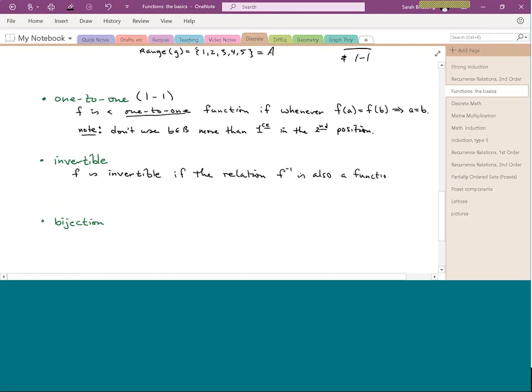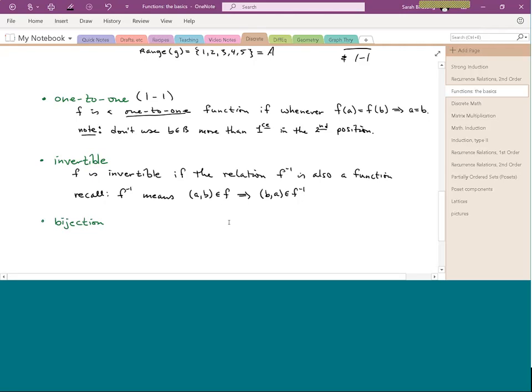Now remember the symbol of f inverse. What did it mean? It just means that if you have the ordered pair (a, b) in f, you flip-flop the order of your ordered pairs to get your inverse relation. Okay? So building your inverse function is almost identical to building your inverse relation.